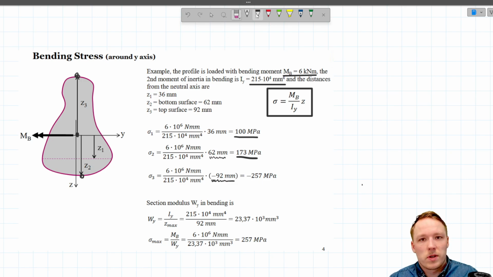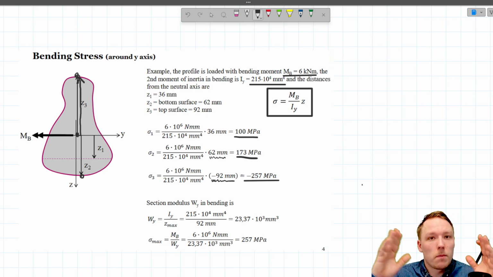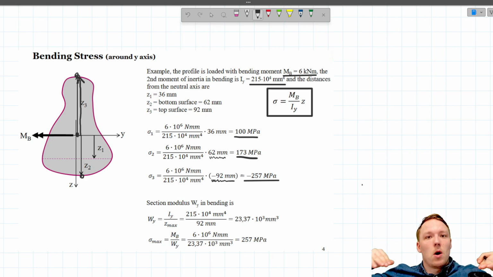And now, since we are going up from the neutral axis, we're going in the negative Z direction. It means that we have to multiply the MB divided by IY with minus 92. And the stress is then negative 257 megapascals. So this means that the top surface is in compression and the bottom surface is in extension, tensile stress.